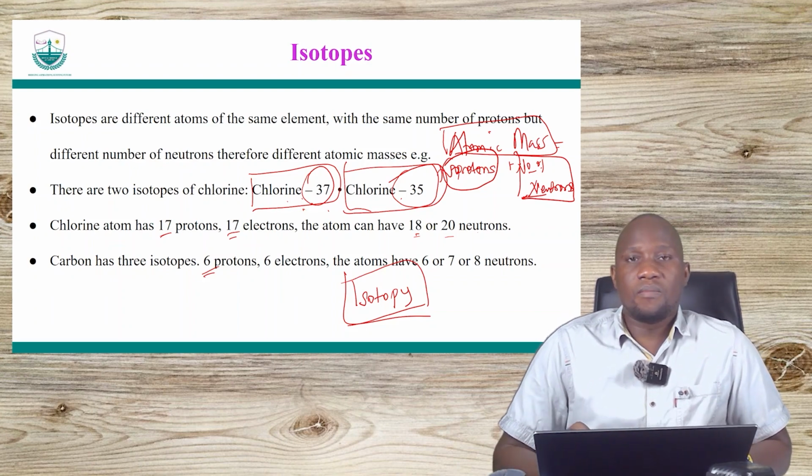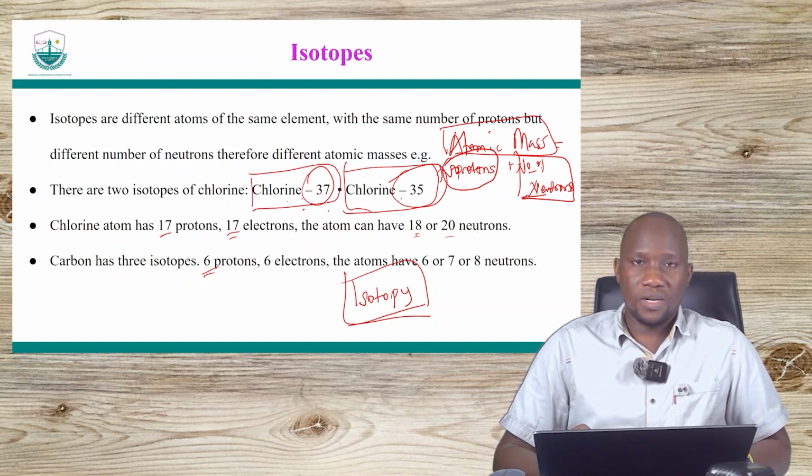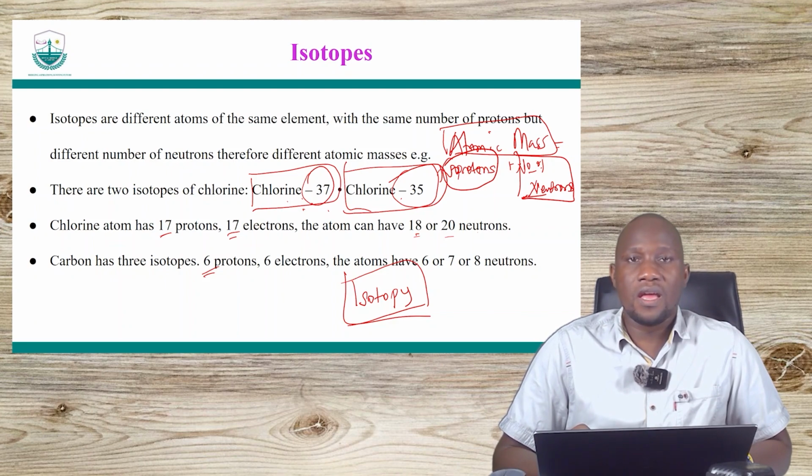Okay, so that marks the end of this presentation, where we have looked at electronic configuration. Electronic configuration refers to the arrangement of electrons in the different energy levels of an atom. It follows some rules.